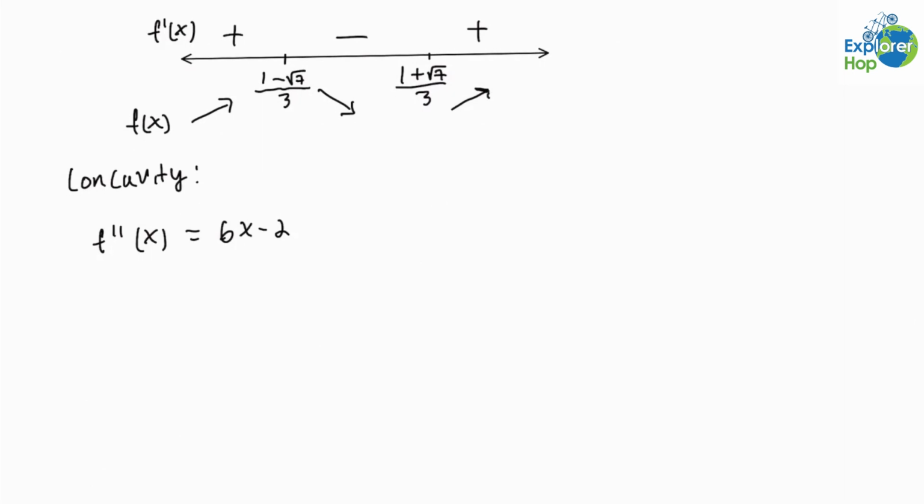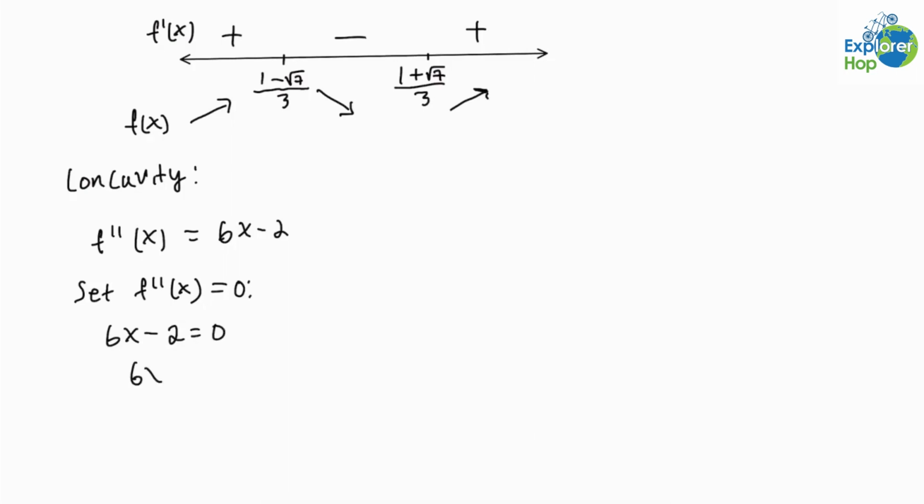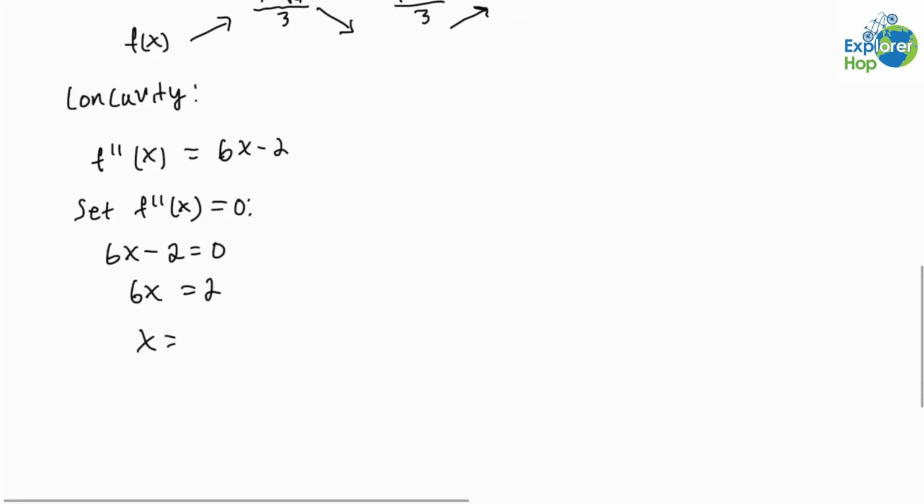Now, we set the second derivative of f of x equal to 0. Which means that 6x minus 2 is equal to 0. So 6x is equal to 2. And x is equal to 2 over 6, which is equal to 1/3.